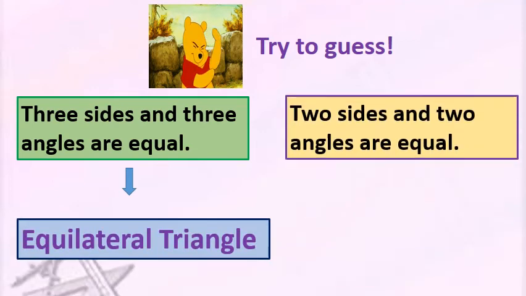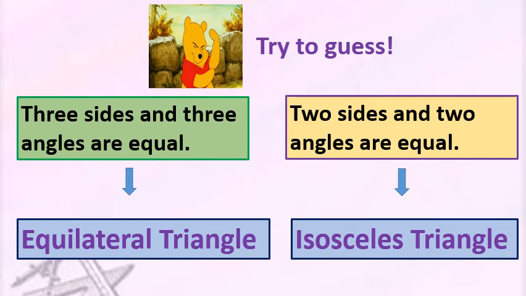Now if two sides are equal and two angles are equal, what are we going to call this triangle? We're going to call it an isosceles triangle. Now let's continue guessing. If we have one right angle, what's the type of this triangle? It is a right angled triangle.